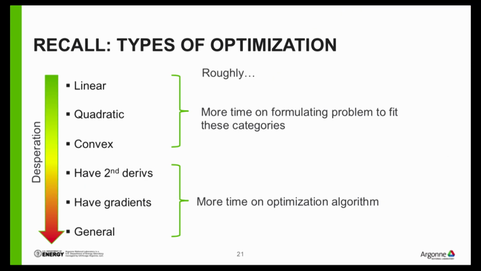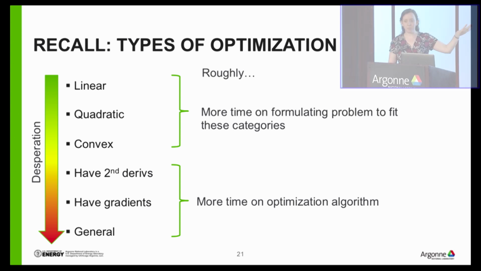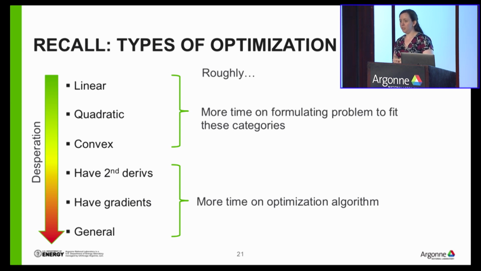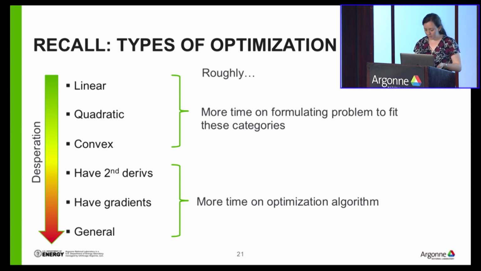Okay, so before I said roughly when you're in the upper part, you spend more time on formulating your problem to be in this category, and roughly in the lower part, you spend more time with your difficult optimization problem.